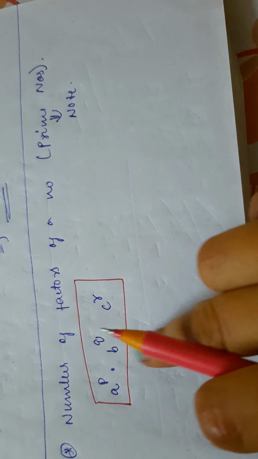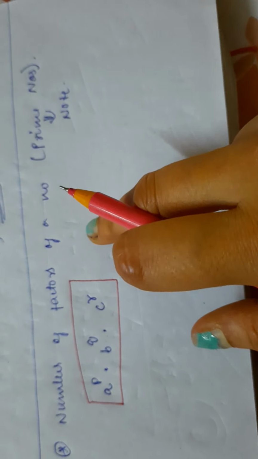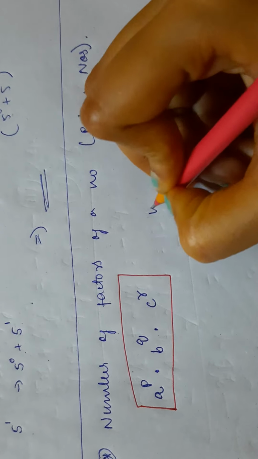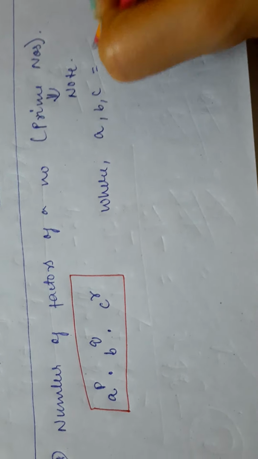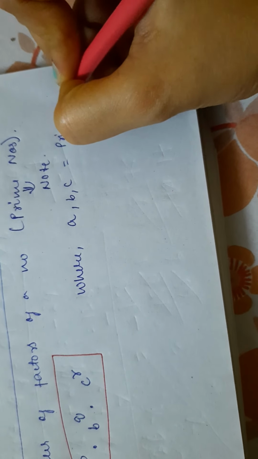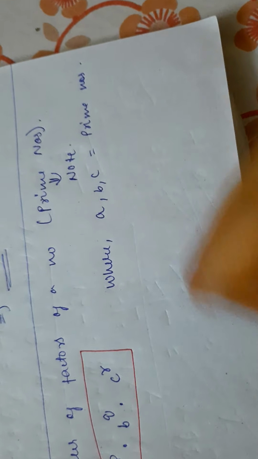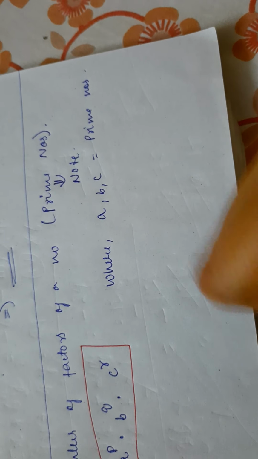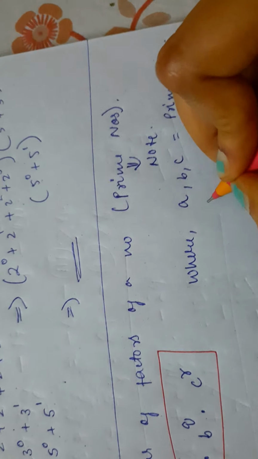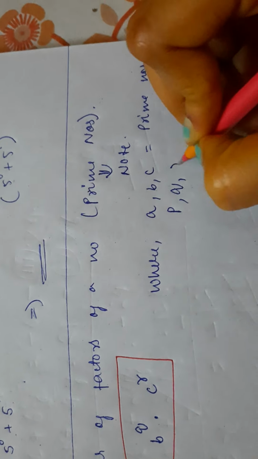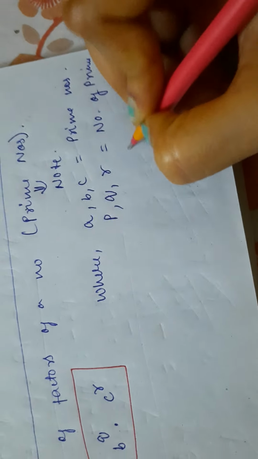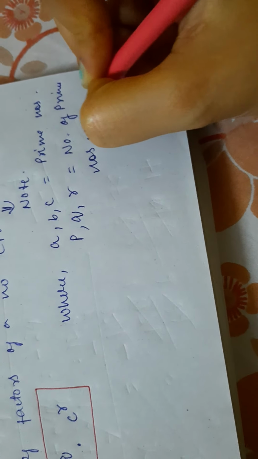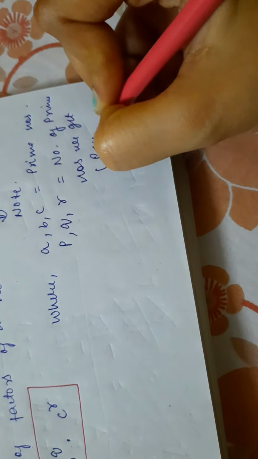Here a, b, c are the prime numbers and p, q, r are the number of times each prime is contained. In short, p, q, r are the powers.